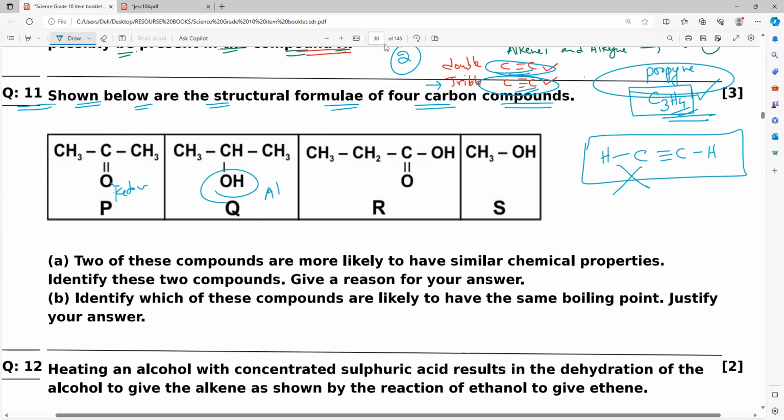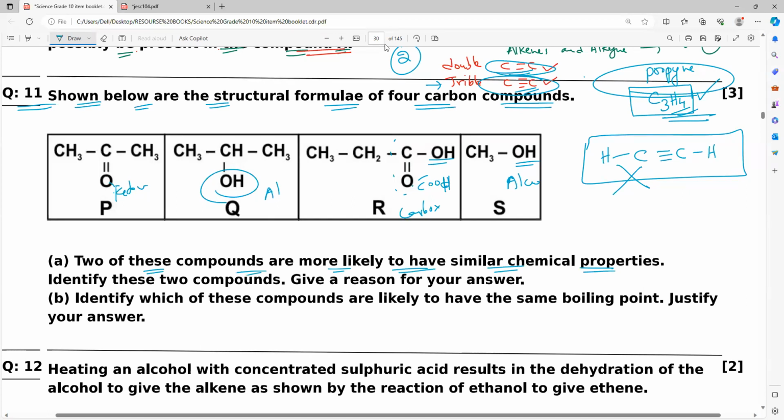Then C double bond O, single bond OH, that is COOH, carboxylic acid. Next, again OH, again alcohol. Now, two of these compounds are more likely to have similar chemical properties.